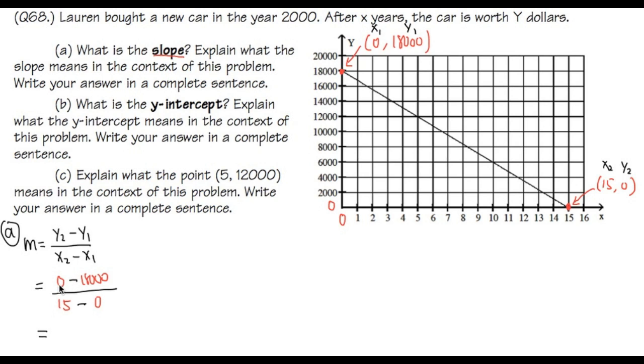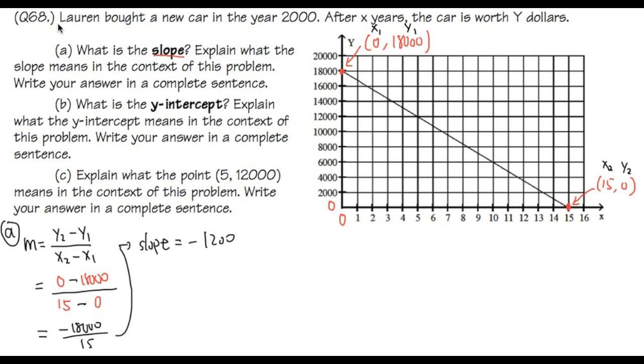On the top we have 0 minus 18,000, that's negative 18,000, and the denominator is 15 minus 0, that's positive 15. When we divide negative 18,000 by positive 15, we get that the slope is equal to negative 1200.